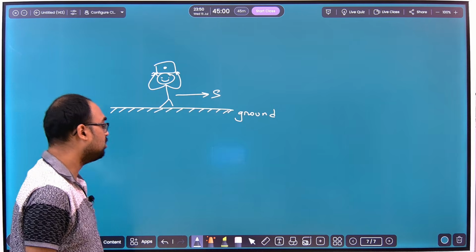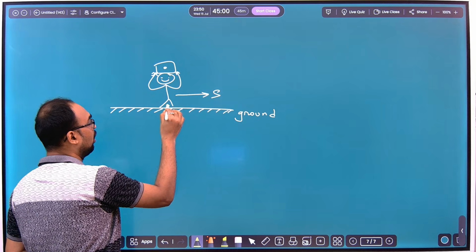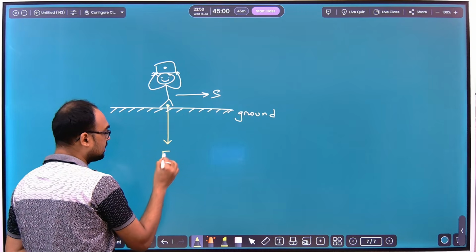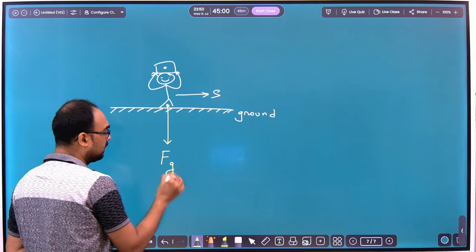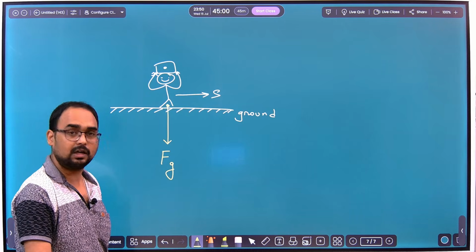For this, you have to consider another thing, that the force of gravity, Fg, always acts towards the center of the earth.